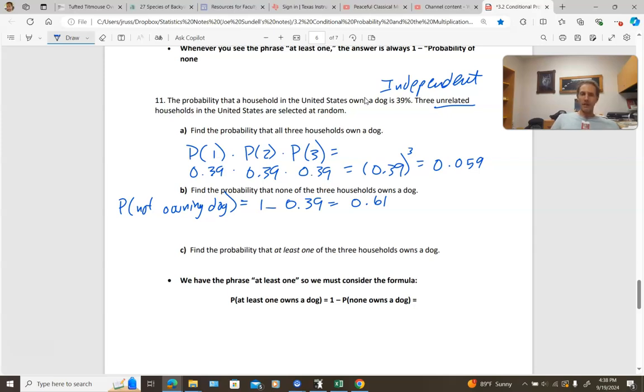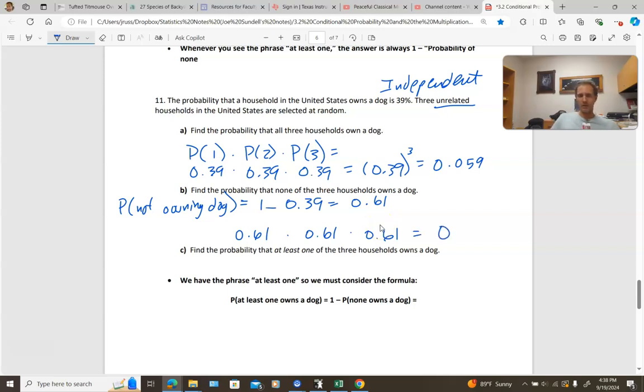So the probability that none of these households own a dog is going to be 0.61 times 0.61 times 0.61, okay? Or in other words, the probability that the first house doesn't own a dog times the probability that the second house doesn't own a dog times the probability that the third house doesn't own a dog.